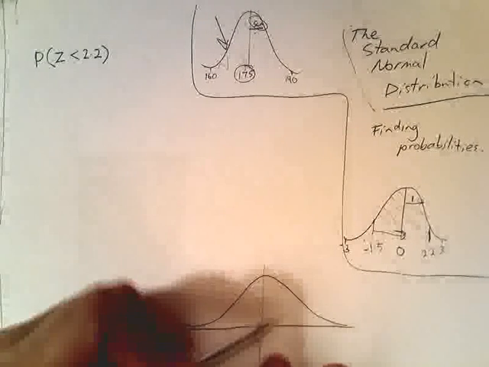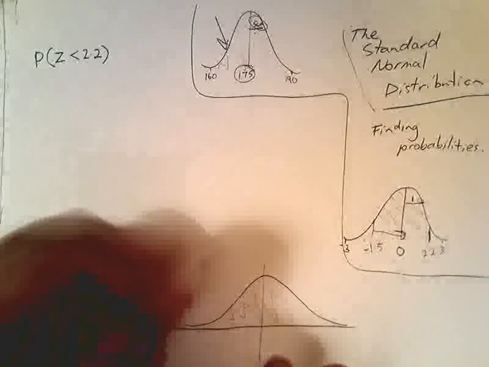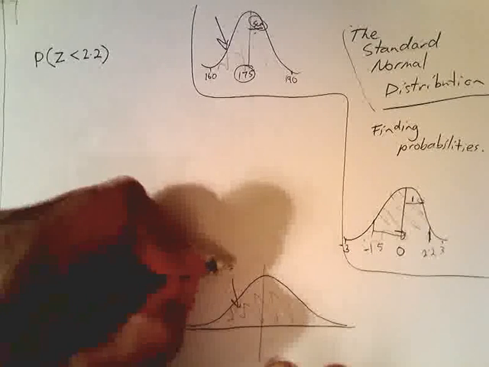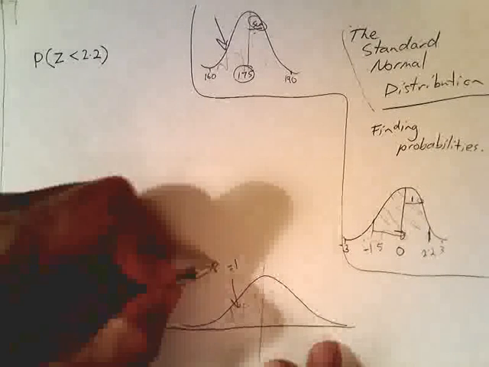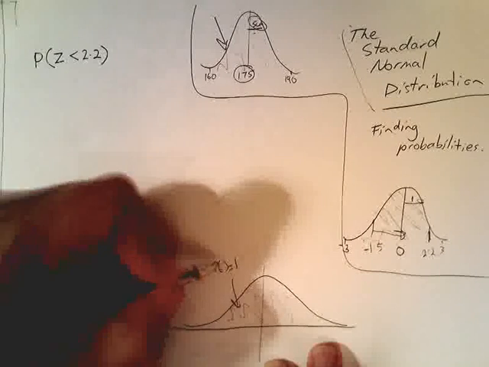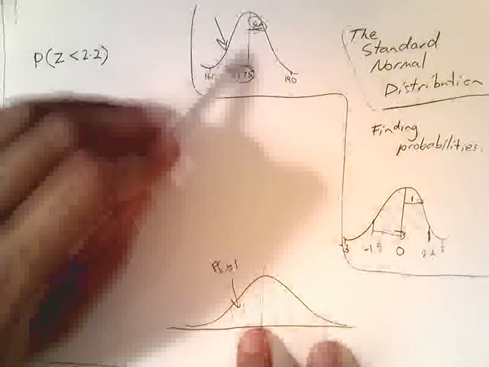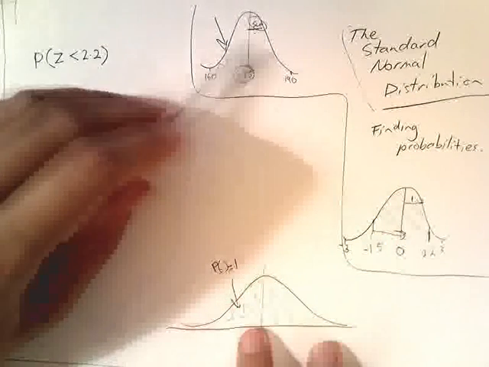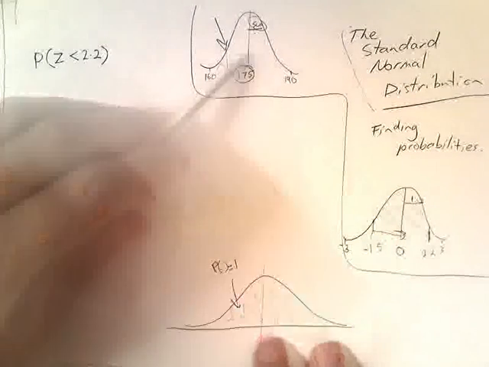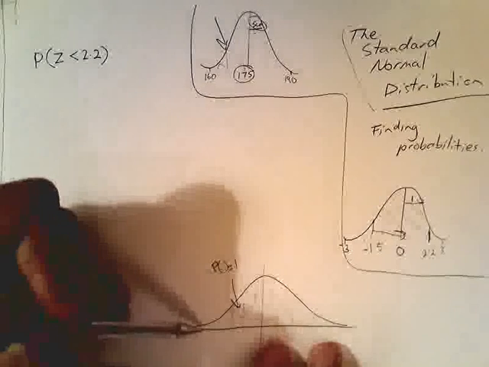Now, the area under the curve is equal to 1. In other words, the probability that anything happens is equal to 1. In terms of our heights, the probability that someone has a height is equal to 1. That's pretty straightforward.